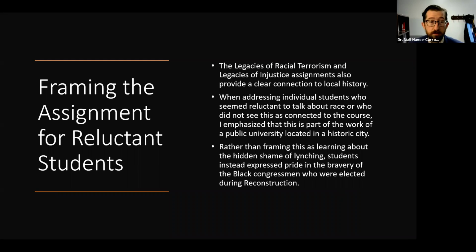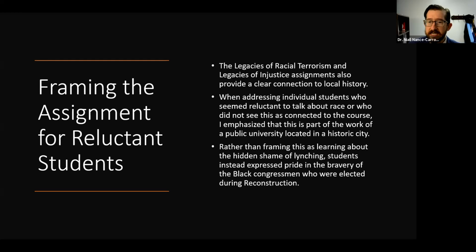So always make sure to frame this assignment within the norms of these assignments, rather than present this as a radically different one or about personal transformation. But also, for many students, framing something about hope can be really useful. So for example, the one on Reconstruction, many of the students were really excited when they learned about Black congressmen right after the Civil War.